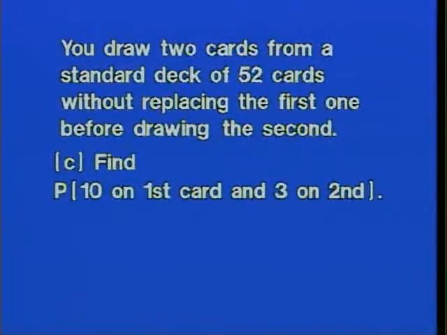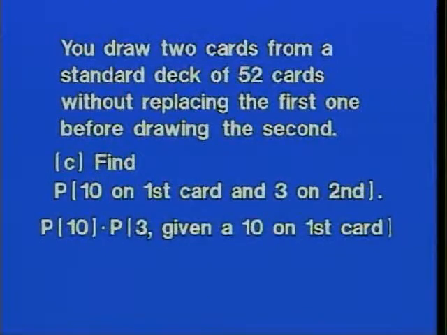Now this problem looks almost the same. Find the probability of 10 on the first card and 3 on the second. It's sort of the same problem in reverse. It's going to be the probability of 10 times the probability of 3 given 10 on the first card. And it's the same exact idea. The probability of drawing a 10 from a deck of 52 is 4 out of 52 because there are 4 10s in the deck.